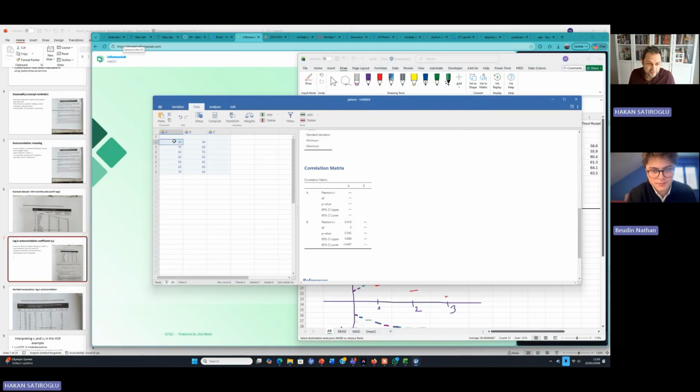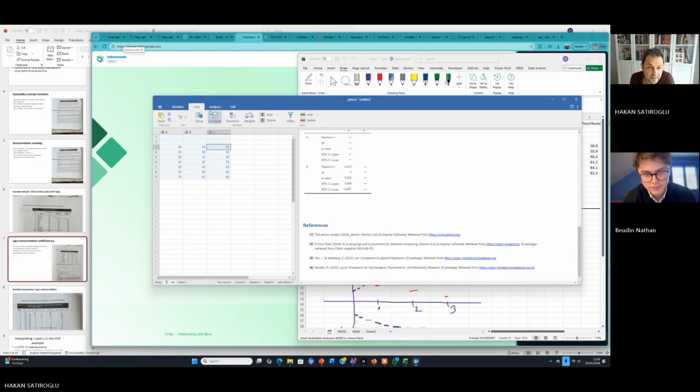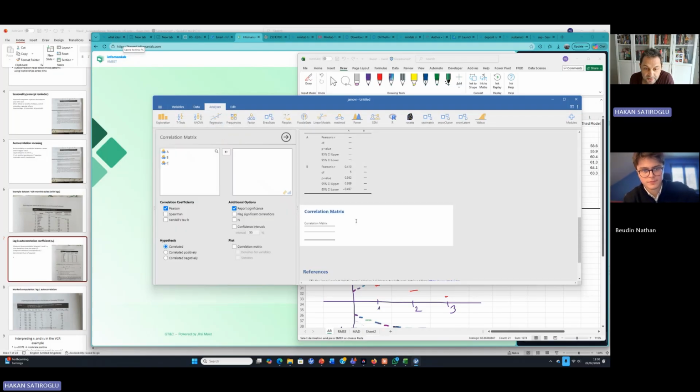If you weren't here, I wouldn't bother testing this in Jamovi. So when I copy this, this is the second lag. Second lag means the estimations belong to the two terms before. Analyze, regression.